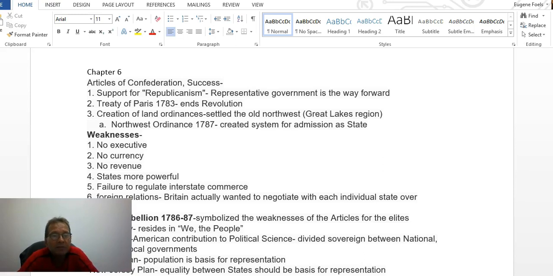They were able to get the Treaty of Paris signed in 1783, which officially ended the revolution. And it was the creation of the Northwest Ordinance especially that created the system for the Great Lakes area territories to become states. This system was very, very effective in the course of the development of the United States.